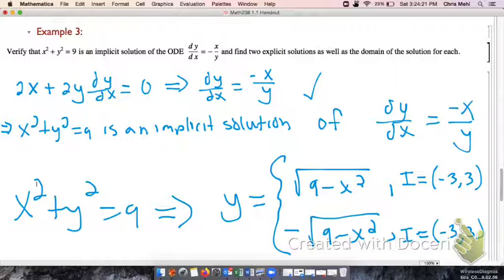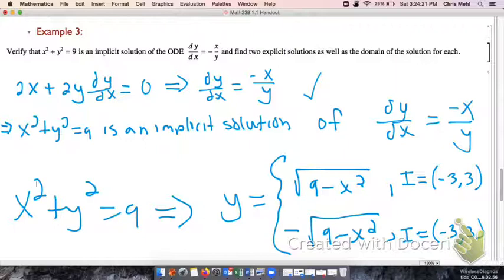the derivative of either of these functions, you're going to have a 9 minus x squared in the denominator, and the derivatives need to be defined on the interval of solution. Okay, so very important, right? The derivative of the square root of 9 minus x squared is negative 2x divided by the square root of 9 minus x squared.